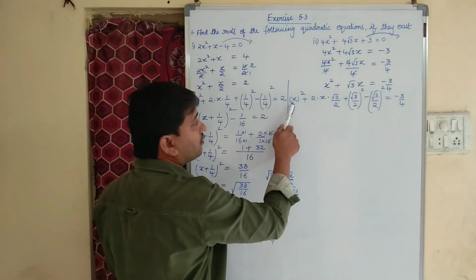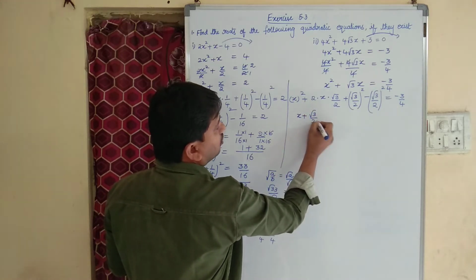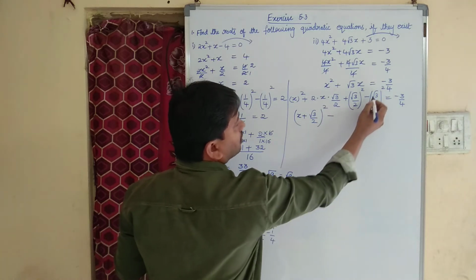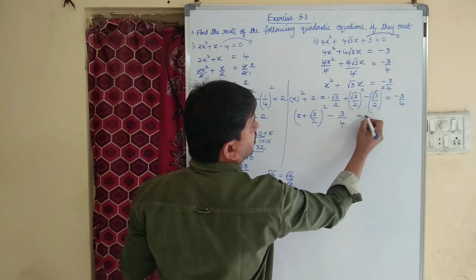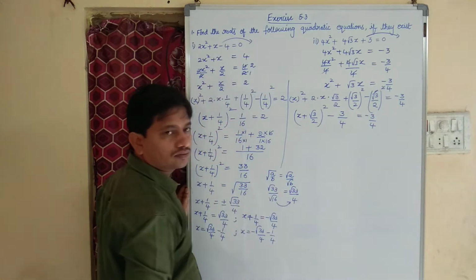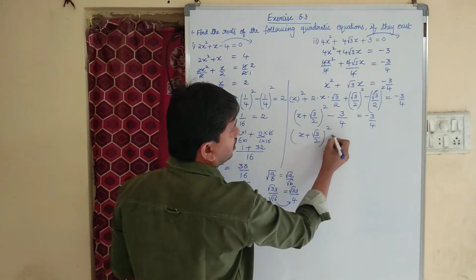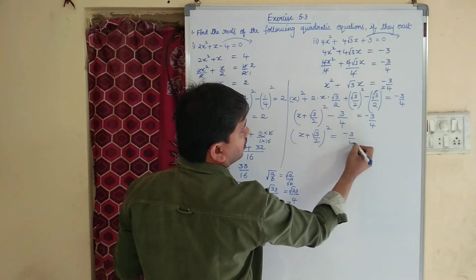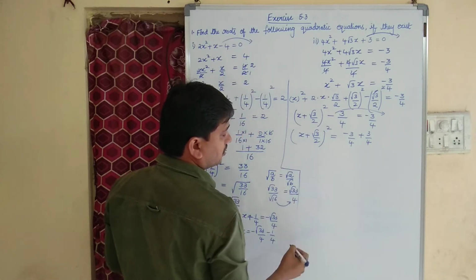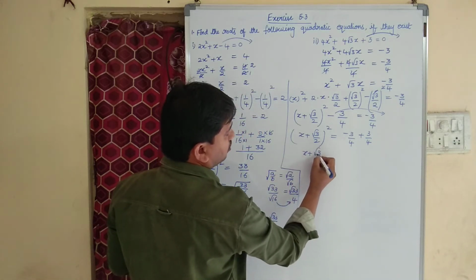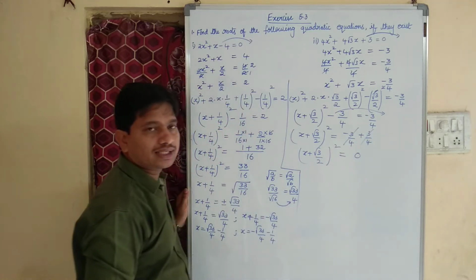So now which is in the form of a² + 2ab + b², which is nothing but (a + b)², minus √3 means square root cancel 3, and 2 square is nothing but 4, equal to −3/4. So (x + √3/2)² = −3/4. This −3/4 you transpose, it will become +3/4, right? So (x + √3/2)² = −3/4 + 3/4 gets cancelled.